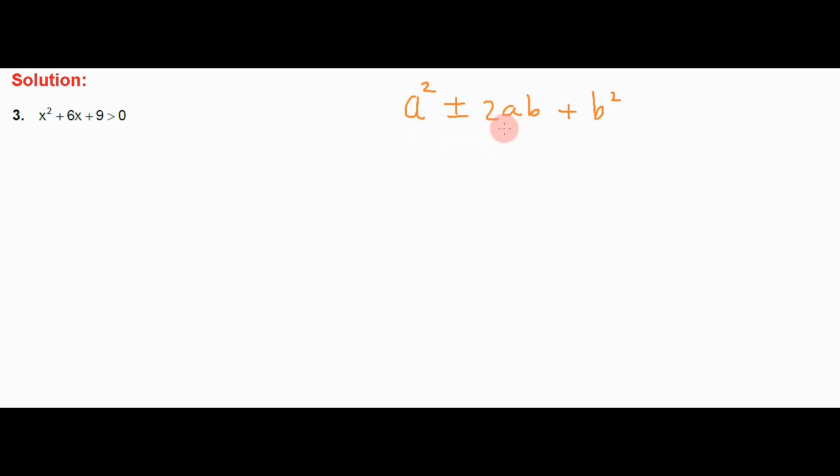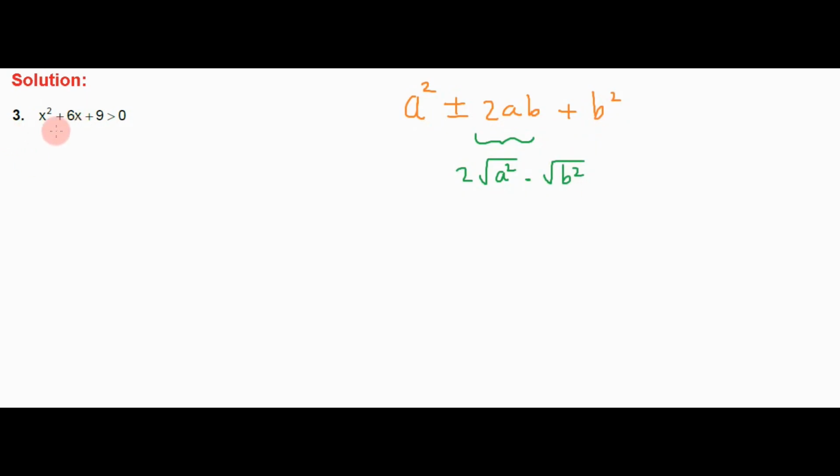And notice that the middle term here is twice the square root of the first term, a squared, times the square root of the third term, which is the square root of b squared.